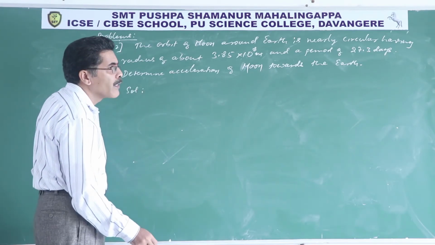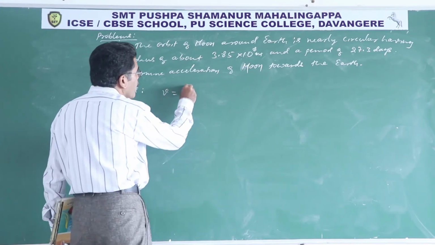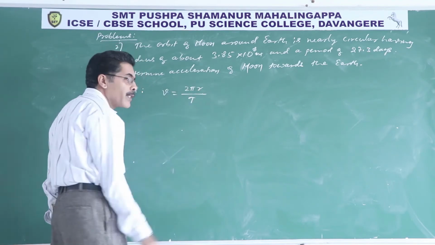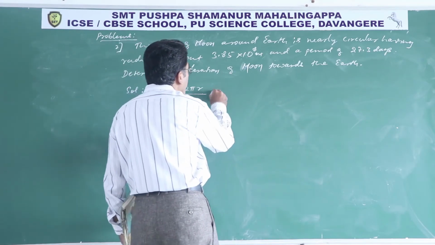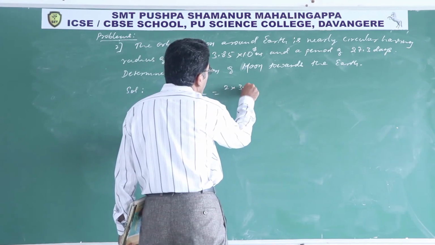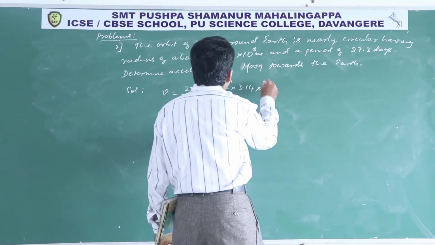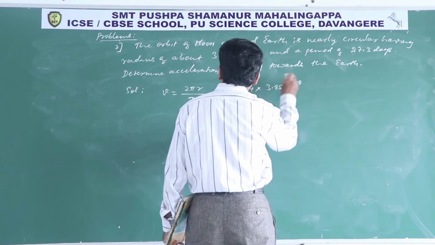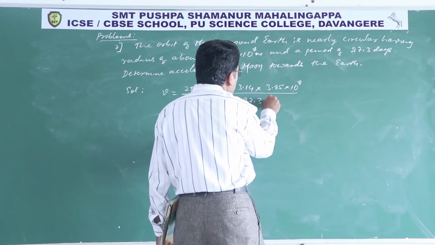So you know that velocity, or speed, is given by 2 pi r, the circumference, divided by the time taken. Time taken is the period. 2 into 3.14 into the radius, which is 3.85 × 10^8, divided by 27.3 days.